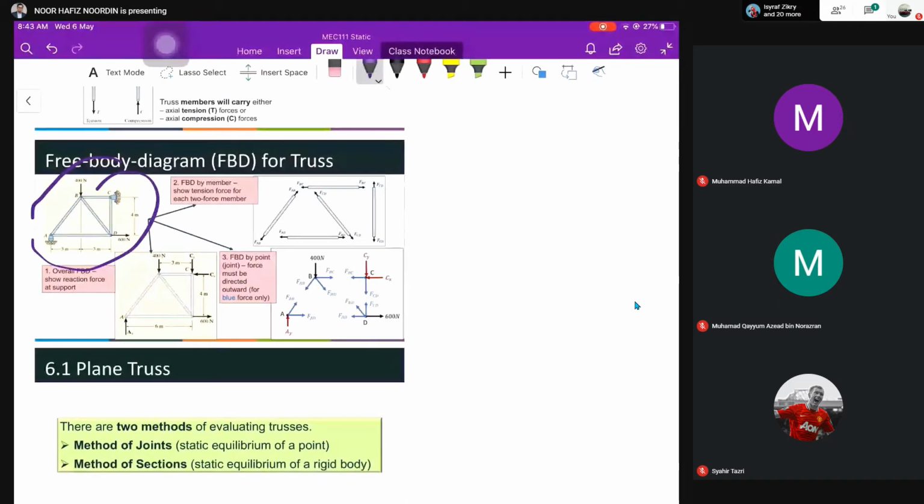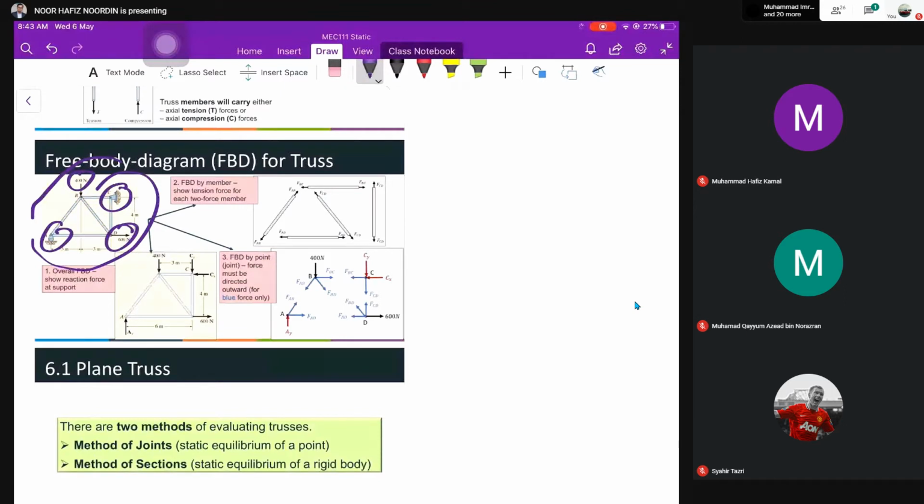Support, what is support? Support ni connection yang kena pada surface. So itu adalah support. So in this case, we have two different types of support. First is rocker at A, then another one is pin at C. So we have external force at connection, 400 Newton and also 600 Newton at connection.